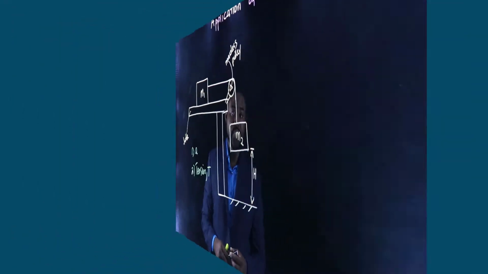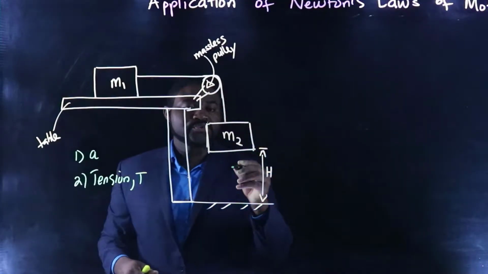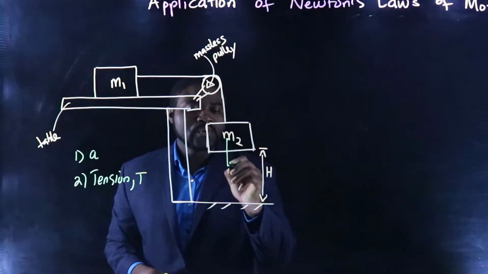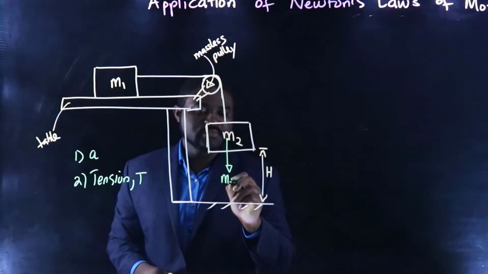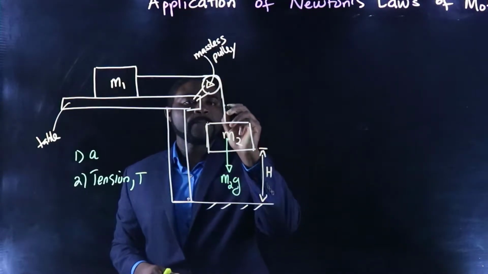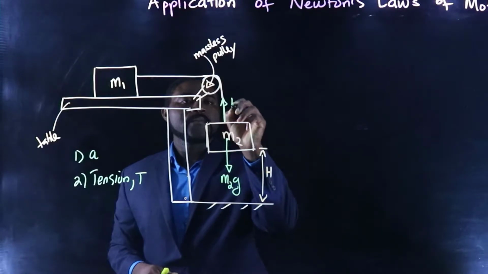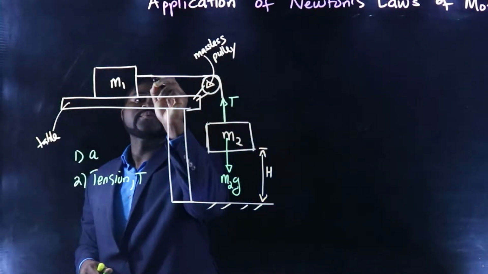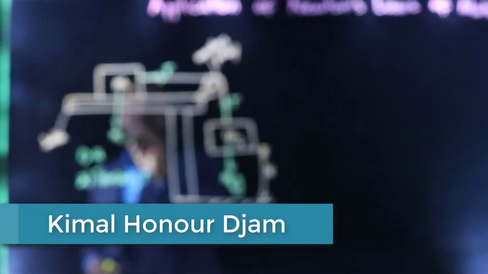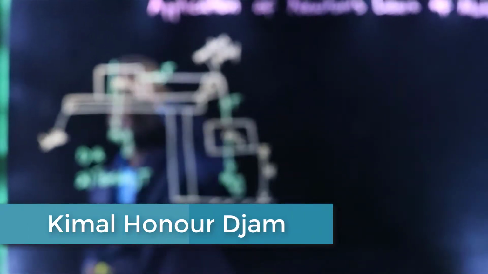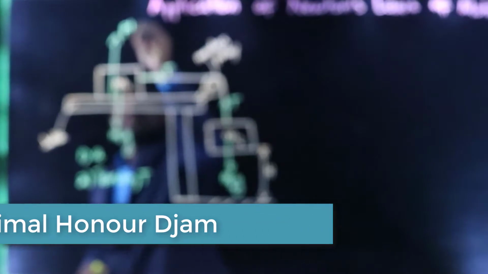So we will draw the free body diagram for M2. This is M2G. That is T, M1G, Fn.